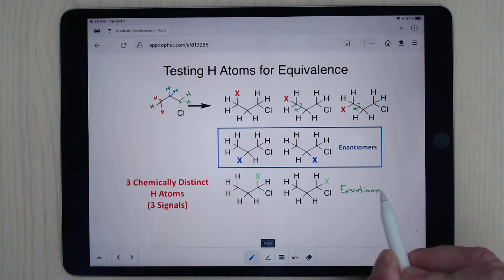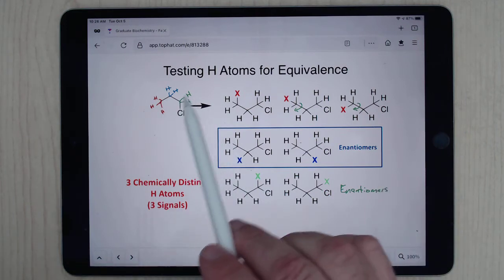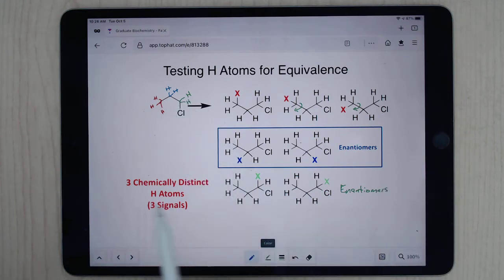So that would mean the green hydrogens are equivalent to each other. So we would have 3 distinct sets of hydrogens.